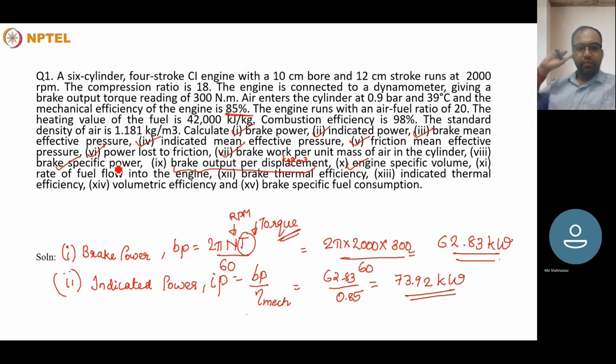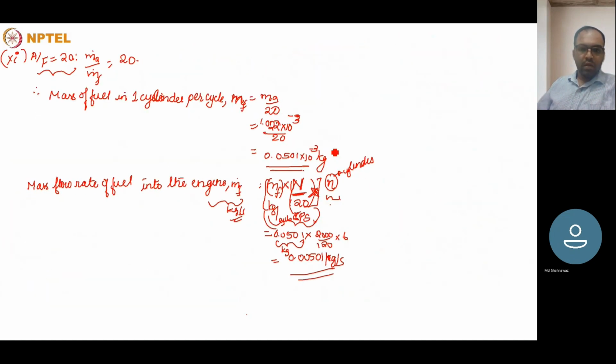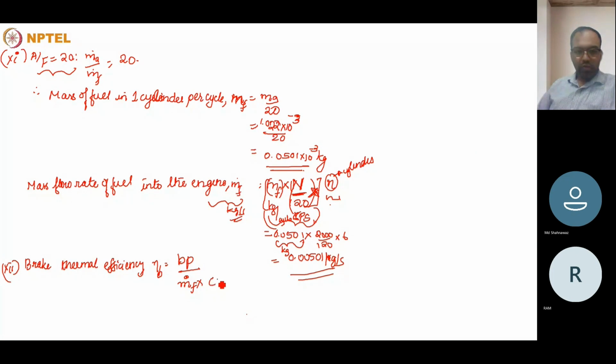Then we need to calculate the brake thermal efficiency and indicated thermal efficiency. Brake thermal efficiency is the brake power divided by the mass flow rate of fuel times the calorific value.